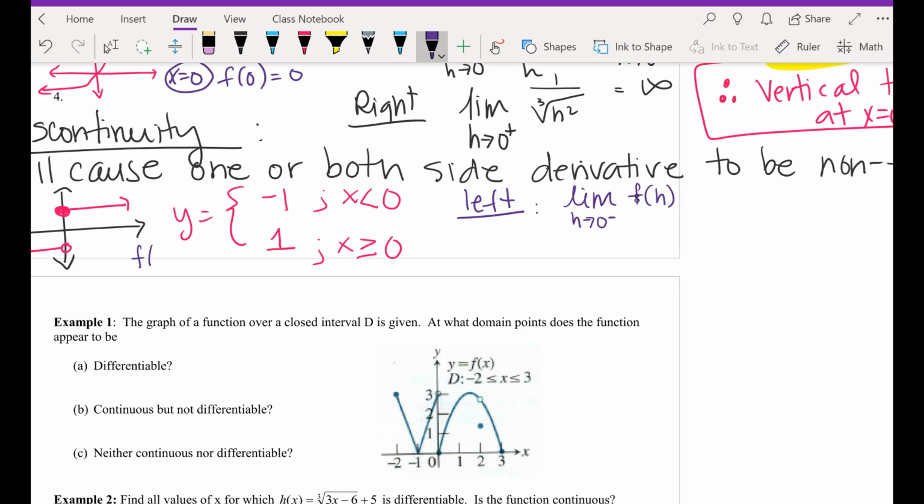What is f of 0? 1, so I have to be very mindful of that. -1, is that okay? All over h.